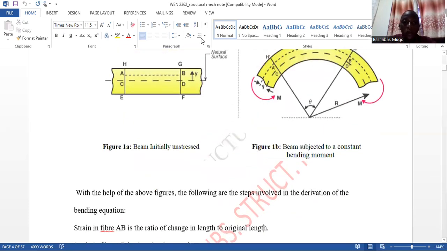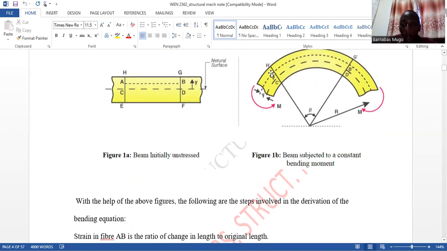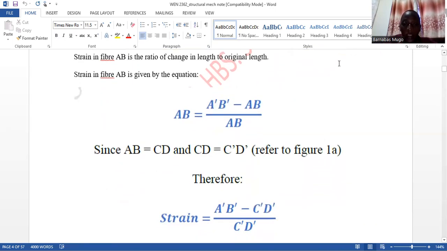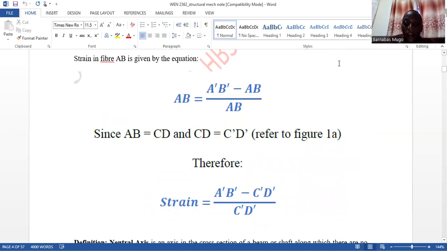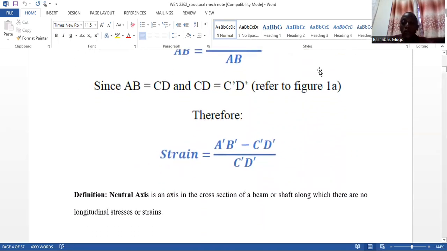AB is the initial length, and A prime B prime is the final length in diagram number 1B. So we get the strain. And then after getting the strain, we are supposed to get the strain of the neutral axis.